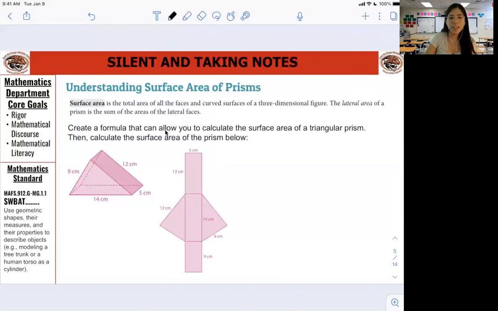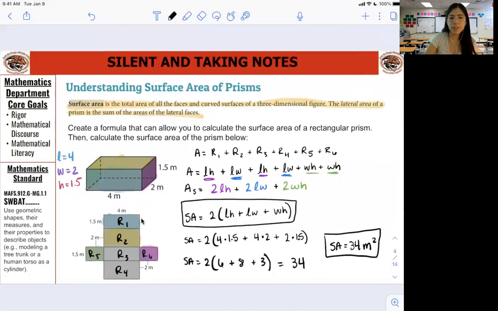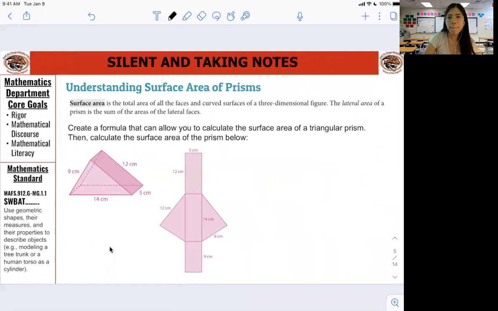Now, let's take a look at this situation. In the first example we did, I had 6 rectangles, but now what do I have? I have 3 rectangles and 2 triangles. Now, are the 3 rectangles the same?